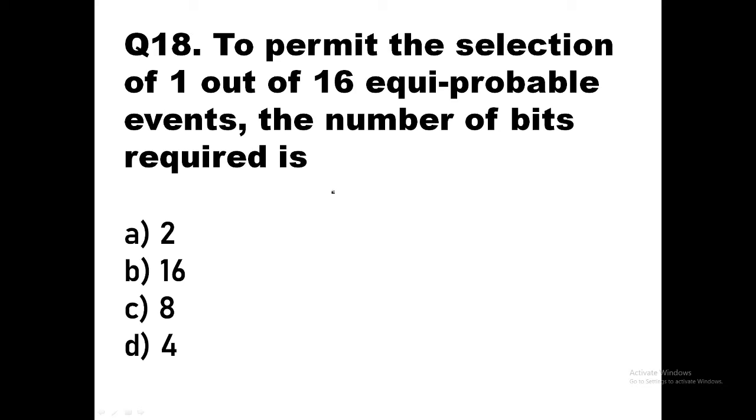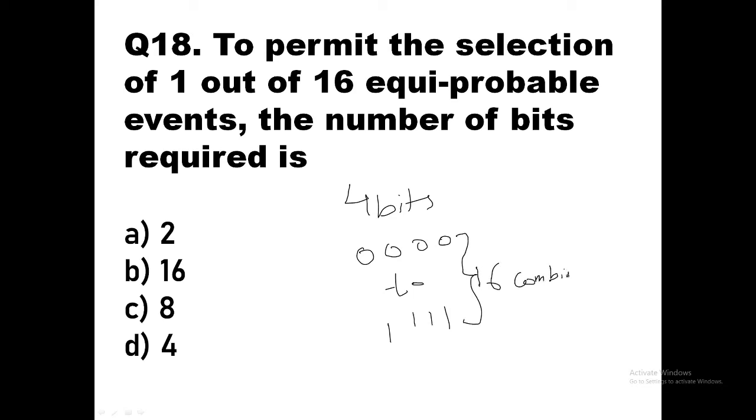So if I want 16 combinations, then I should have 4 bits, from 0000 to 1111. With this I can have 16 combinations.